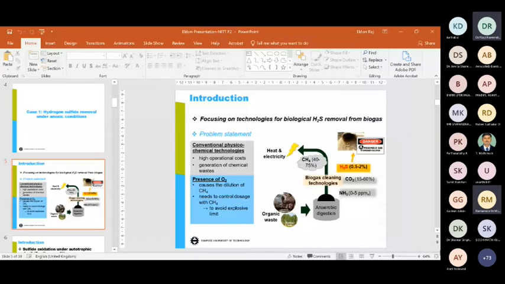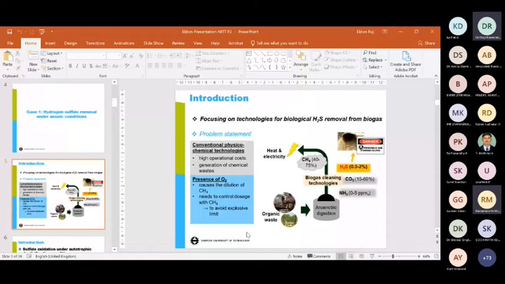The reason that we don't want hydrogen sulfide is that it is extremely corrosive, and when you send the biogas with hydrogen sulfide into pipelines, it will start corroding the inner surface of the pipes. And of course, the calorific value of the biogas will also decrease. So we normally try to remove all this.